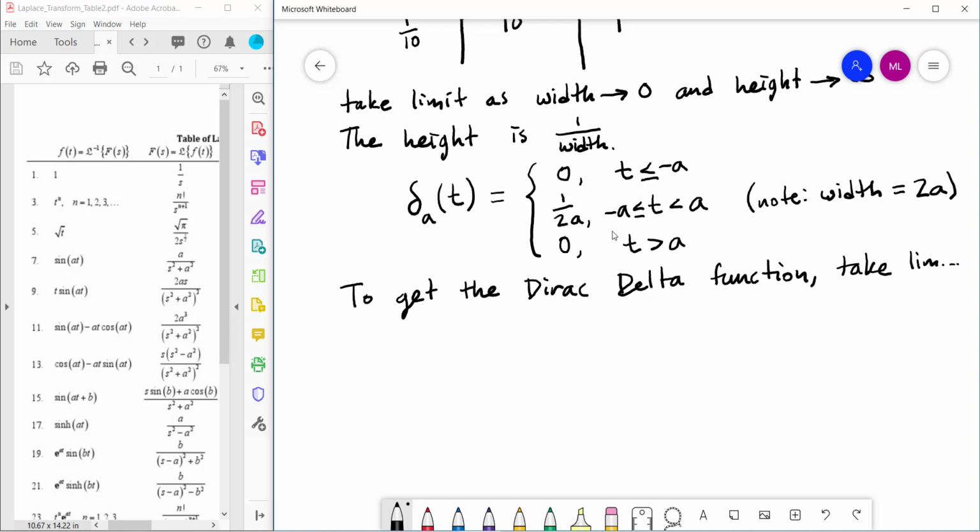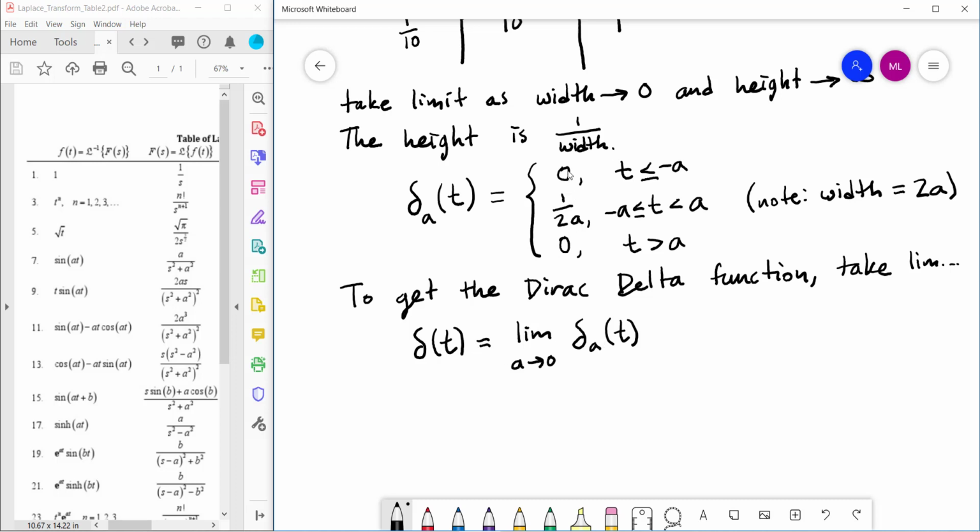Specifically, delta of t is equal to the limit as a goes to 0 of delta sub a of t. Again, we're taking the limit as the width goes to 0, and that will automatically make the height go to infinity in the exact correct proportion that we're looking for. So this is the way that we're going to define it.